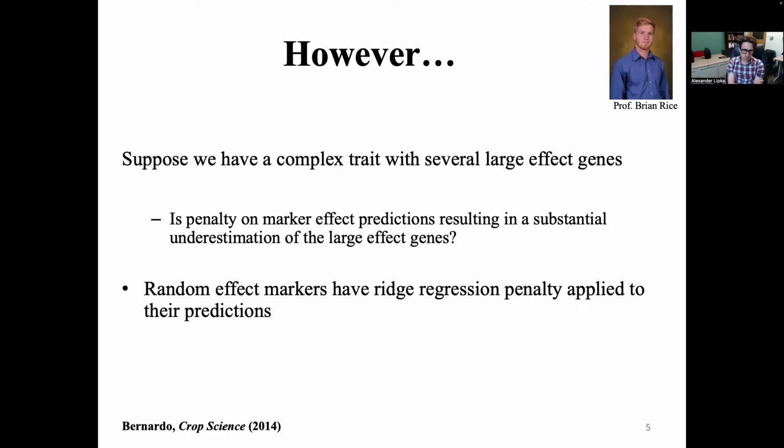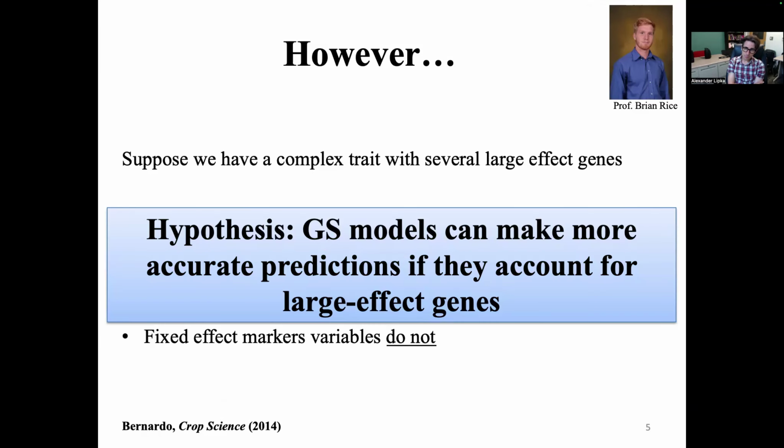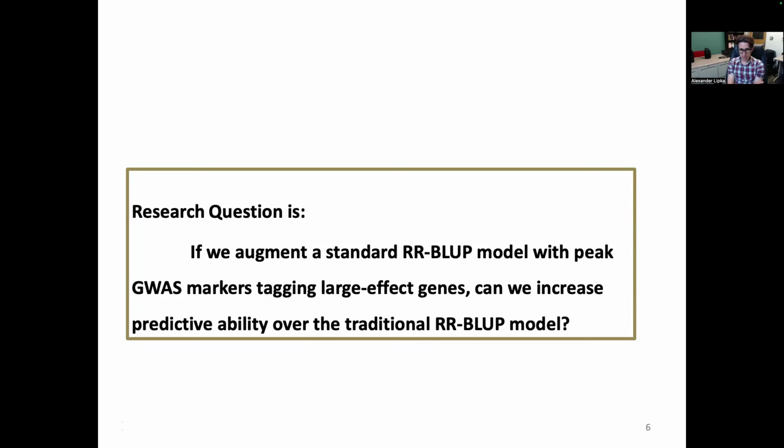The random effects that I showed in the previous slide have the ridge regression penalty applied, but fixed effect markers do not. So Professor Rice's hypothesis was that genomic selection models can make more accurate predictions if they account for large effect genes.